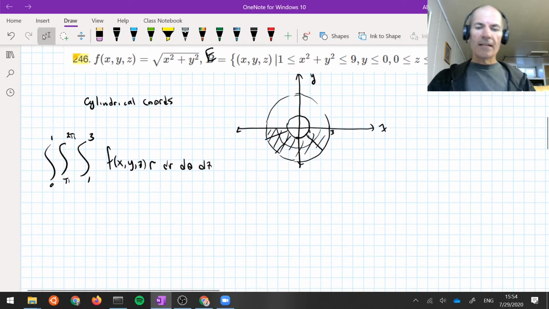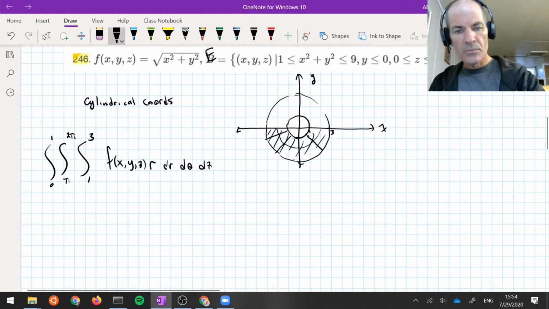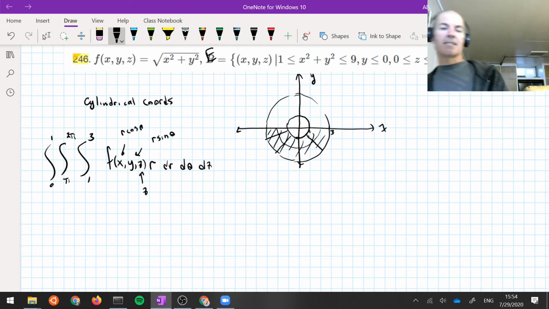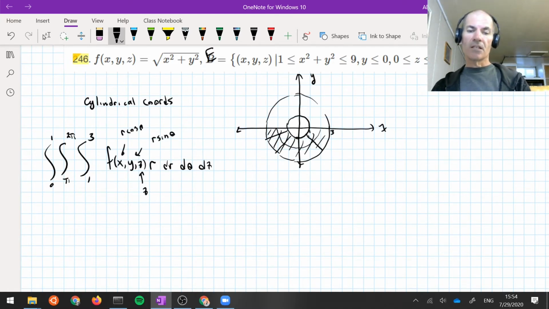Okay, there's one last thing that we need to do, and that is replace x with r cosine theta, replace y with r sine theta, and replace z with z. Z stays the same in the cylindrical coordinate system. All right, let's continue this by actually inserting what f actually is.